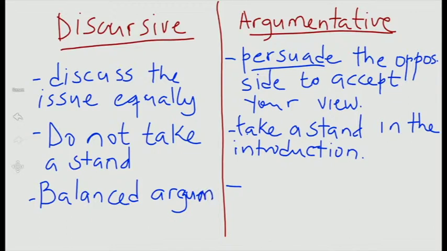A balanced argument is to say that you both support and refute the same topic, the same issue, which means that for the one side, which can be side A, you're going to support it and give supporting evidence, and then also argue for the opposing side.